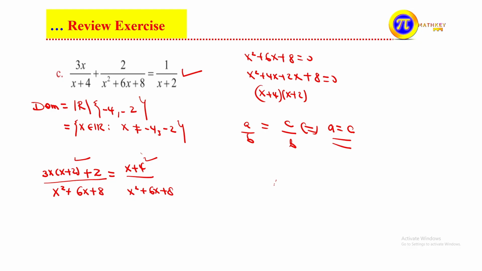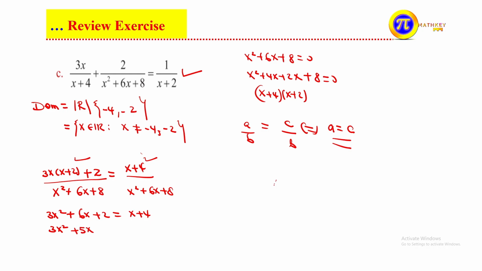So this is 3x squared plus 6x plus 2 is equal to x plus 4. Now collect like terms together.